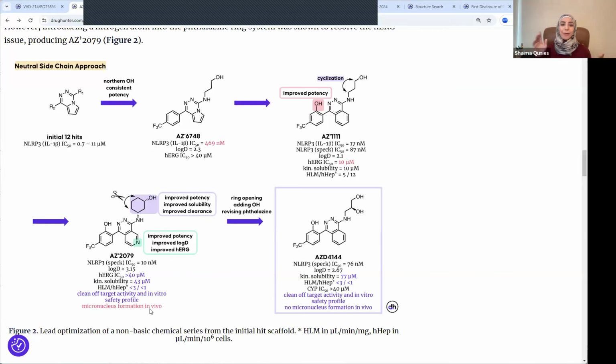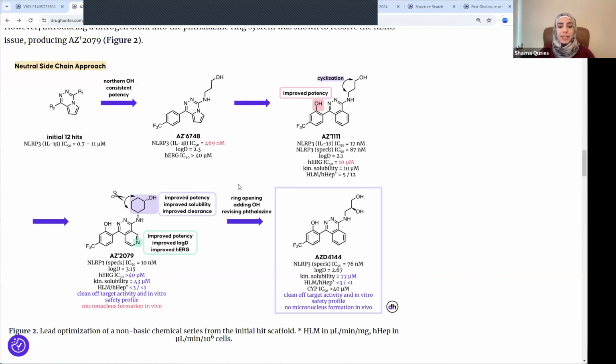They were facing the hERG, they were facing the phospholipidosis, and then they have the micronucleus formation. So they have all of these assays at the front line, and they were testing their molecules that emerged from the optimization process for all of these liabilities early in the discovery process.